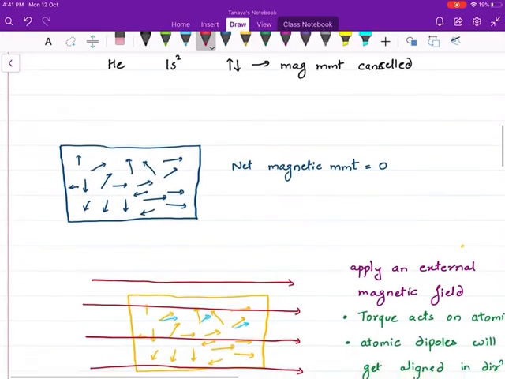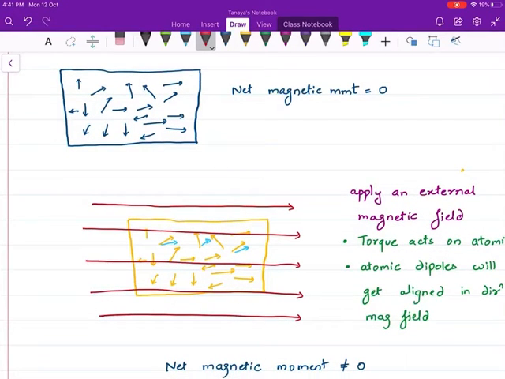So I have a certain material, it can be any material, and I have shown the magnetic dipoles which are oriented randomly. If you just have one atom, I can show the atomic dipole by just showing one arrow. But if I have a slab of material, say 5 centimeter by 5 centimeter, it is going to contain so many atoms, nearly 10 to the power of 20, 30.